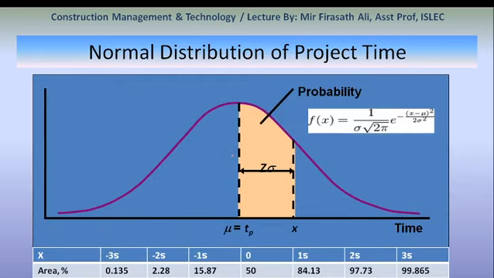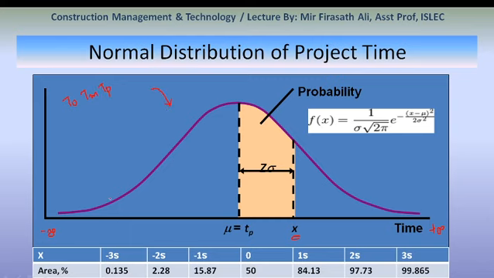The normal distribution curve, as you see over here, starts from minus infinity to plus infinity, and somewhere we have the variable x. If we plot all the times, optimistic time T naught, Tm and Tp, we get this type of curve.